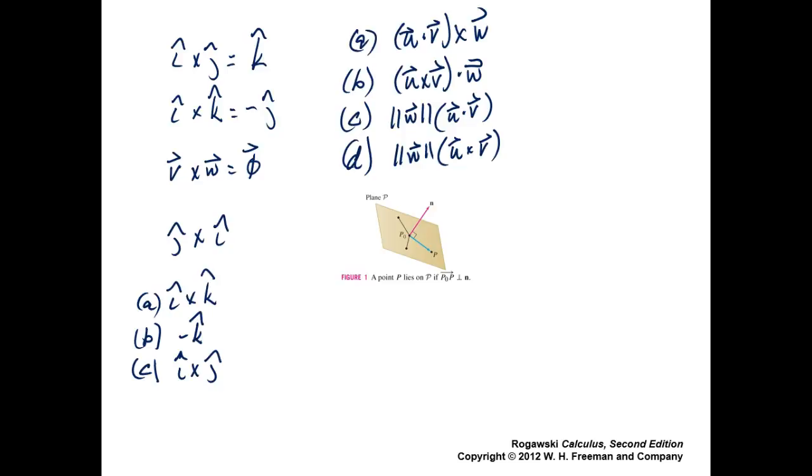A, B, C, A and B, B and C, or all three? Say again? A? Okay. What is J cross I? Okay. I cross J would be K. Negative K. So we see B is an answer. But what would be I cross K?